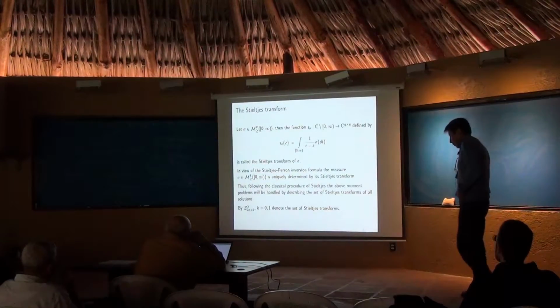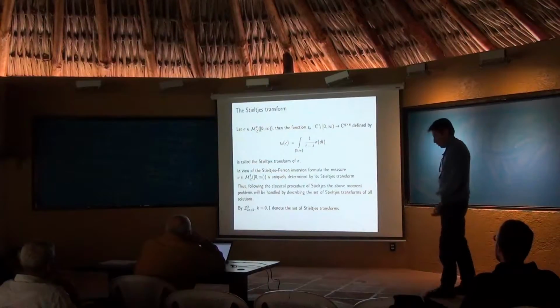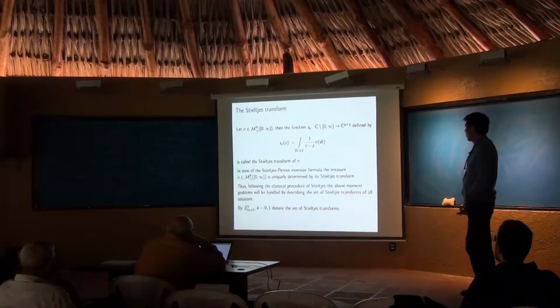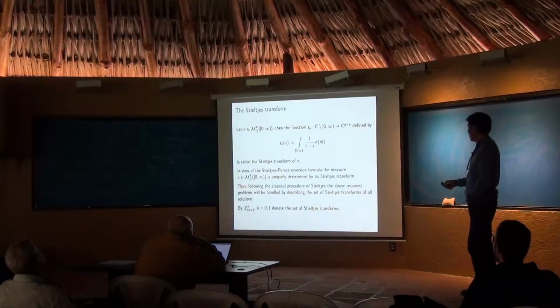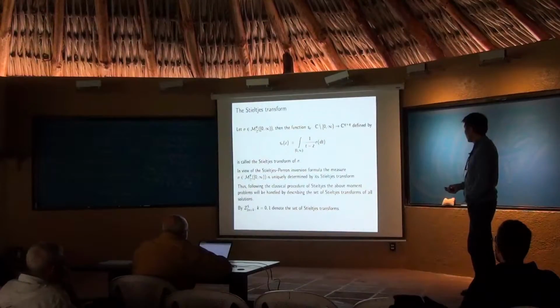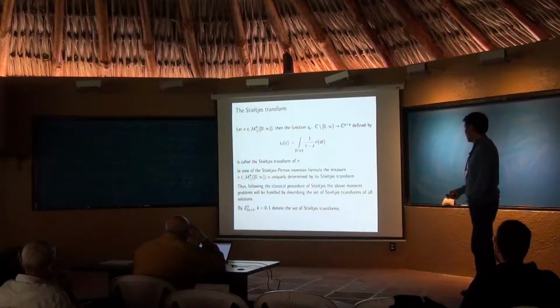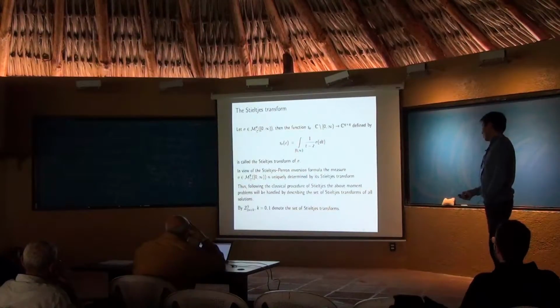So as usual, to translate the problem of looking for measures into the problem of looking for some functions, which are Stieltjes functions, one constructs a Stieltjes transform. Given a measure, one can always construct such a function, and from the inverse Stieltjes formula, one can recover the measure.